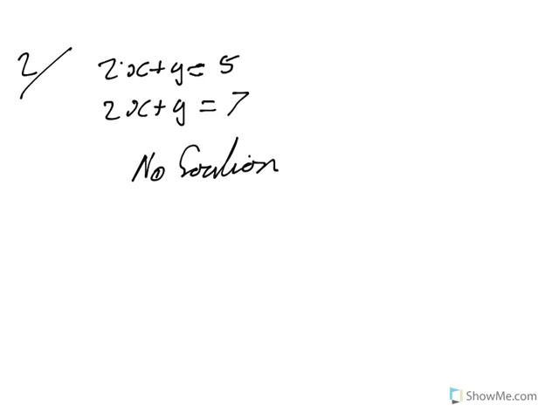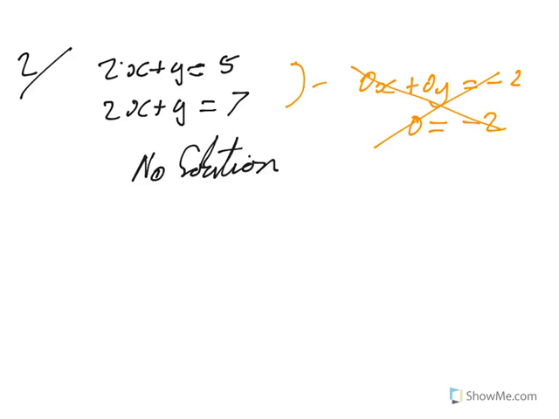For example, if you tried to take them away, you go 2x minus 2x and you've got no x's, and you've got y minus y, so you've got no y's, and you've got 5 minus 7, which is minus 2. So if you've got no x's and no y's, you've got 0, and 0 equals -2, which we know it doesn't. So in that case, we've got no solution.